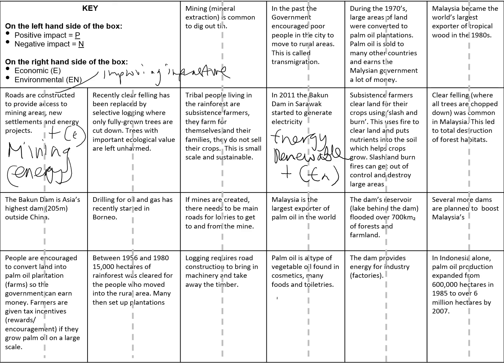So this is being cut down for palm oil, for human consumption. And, you know, it's a negative impact for the ecosystems, but you could say it was positive for humans because it makes our products really cheap. So if you said it's a negative impact for ecosystems, you would say it was environmental. If you said it was a positive for humans, then you would say that it was economic.